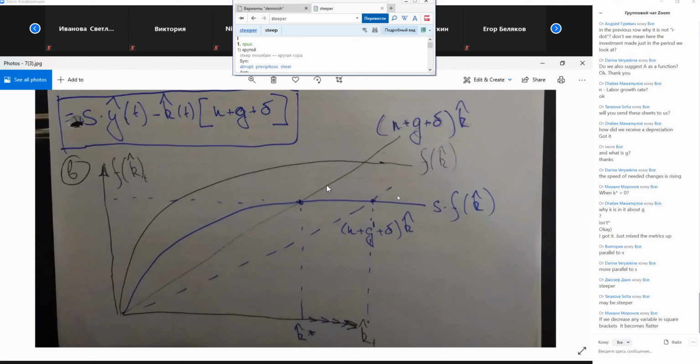And then here we see that the black line is just the function of k hat. So this is our little y hat, our output per unit of effective labor. We see that the more capital this unit of effective labor has, the more we produce. It's quite simple.